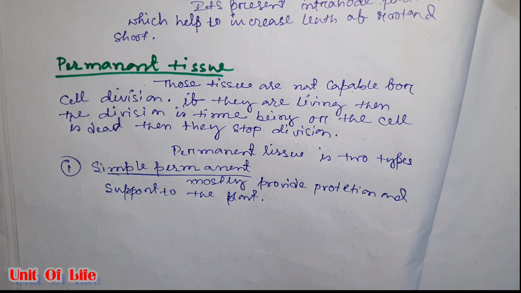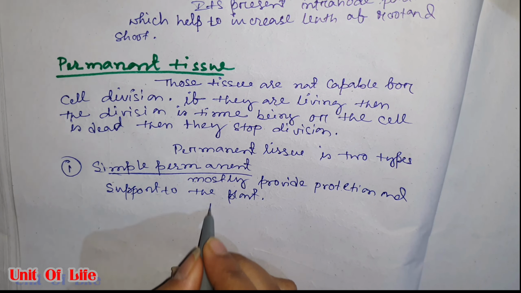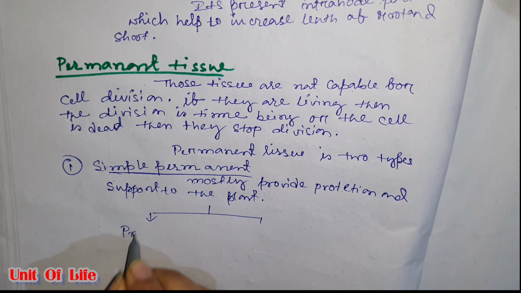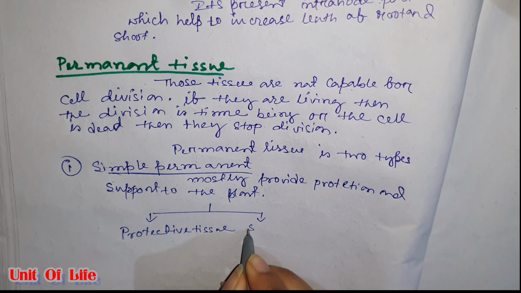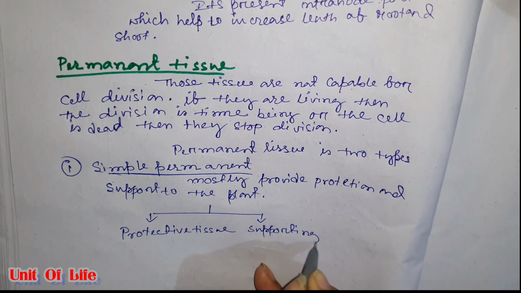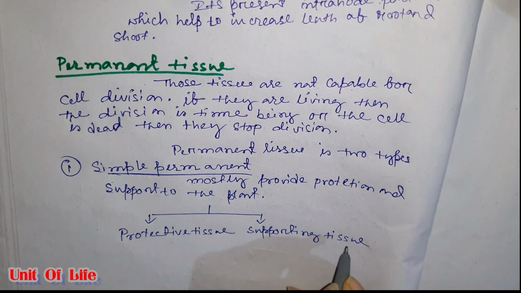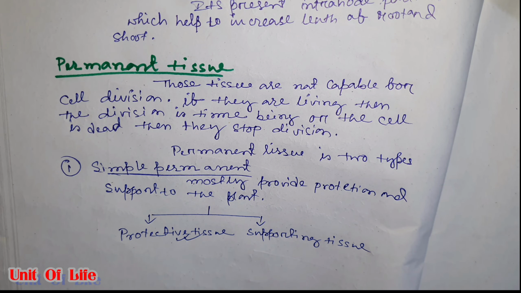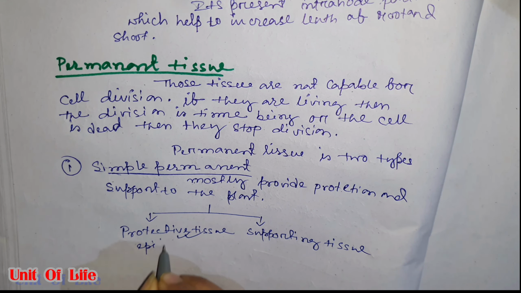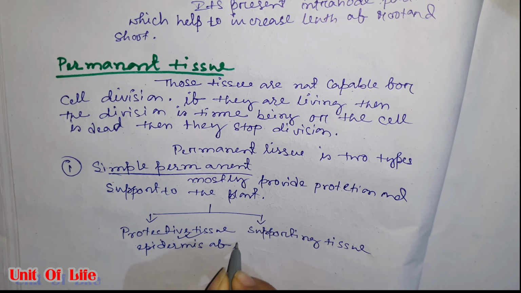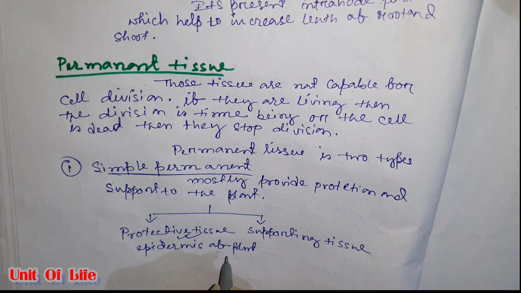The epidermis is generally made up of a single layer of closely packed cells, and the outer wall of the epidermis is usually thick and covered with cutin. Cutin reduces loss of water. Cutin is actually a waxy layer present on the outer portion of the epidermis, so it protects the plant body from external influence.